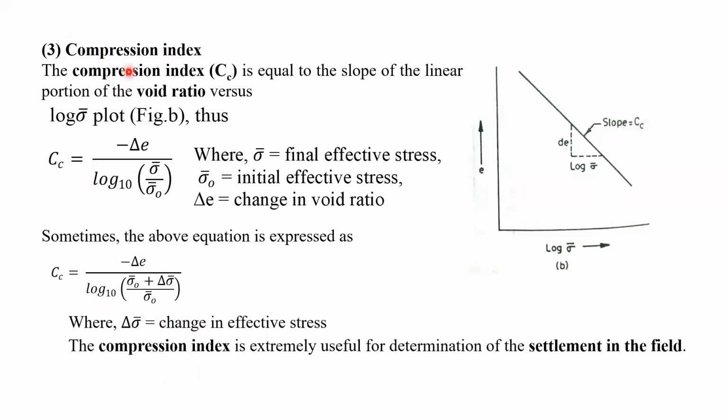The compression index is extremely useful for the determination of settlement in the field. This is a very important terminology. Terzaghi and Peck have given some empirical relationships for clays of low to medium sensitivity.